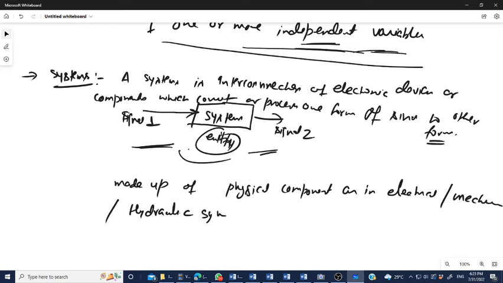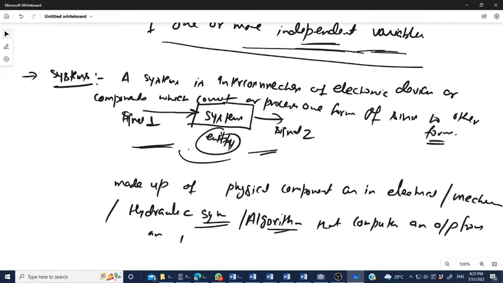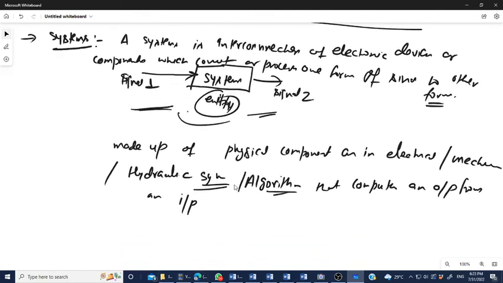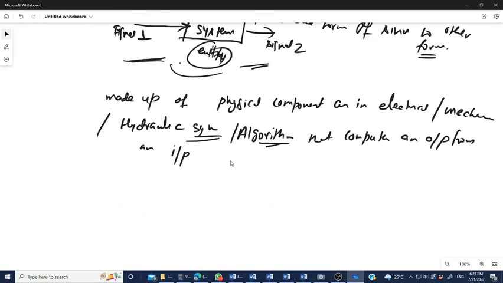It may have some algorithm in the form of software that computes an output from an input, that may predict the output with the help of some input based on this algorithm. So finally, a system is nothing but the mapping between the input and output.